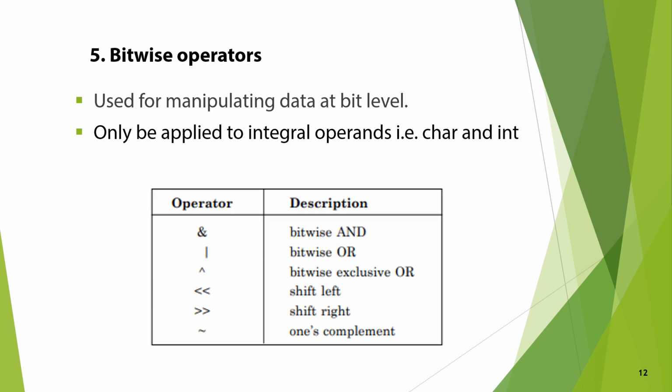In this table, all bitwise operators and their descriptions are given. The bitwise operators are bitwise AND, bitwise OR, bitwise exclusive OR, shift left operator, shift right operator, and the last one is ones complement.